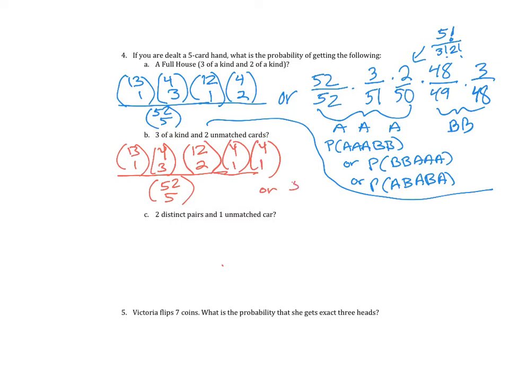We would still do 52 over 52 times 3 over 51 times 2 over 50. This is our 3 of a kind, so that's my A. But then I've got 48 over 49, just like before, 48 because I don't want the same rank as the 3 of a kind, times, but then I need a totally different one, so 44 over 48. So what do I have here? Well, I have 3 of the same kind, and then I have unmatched.